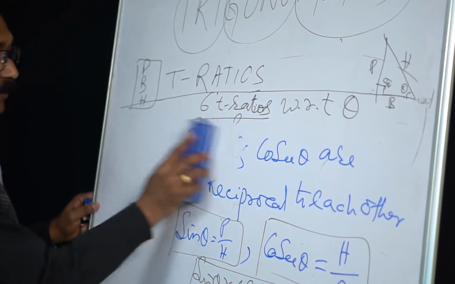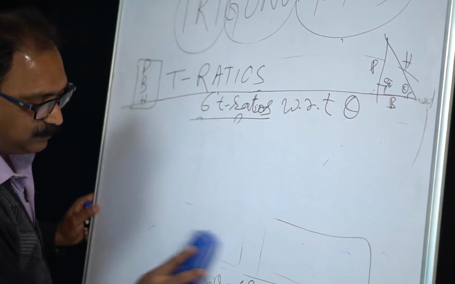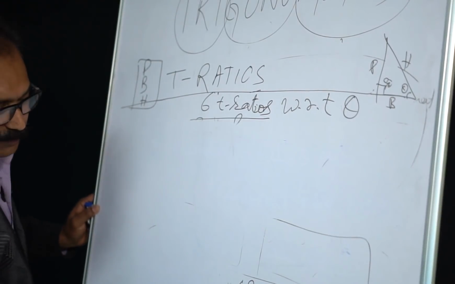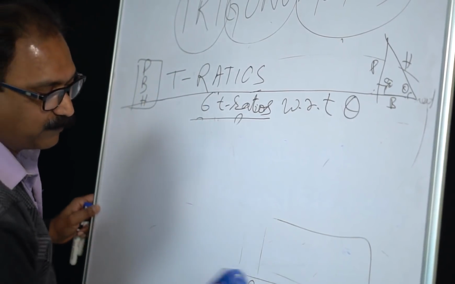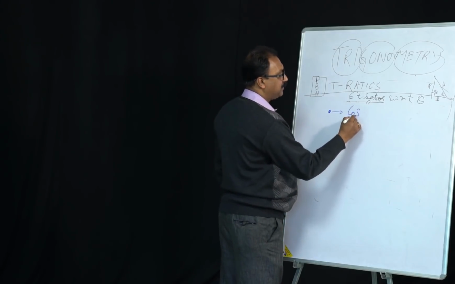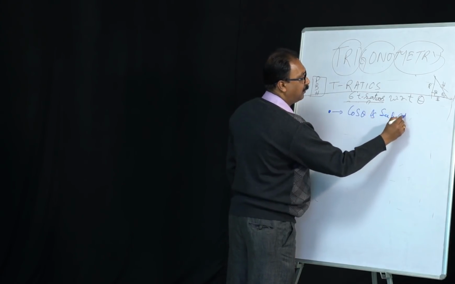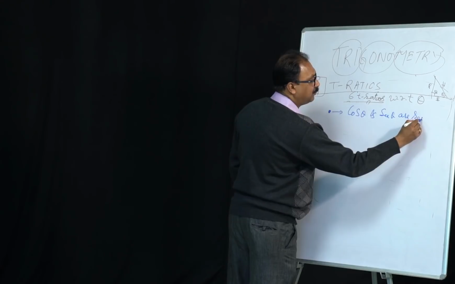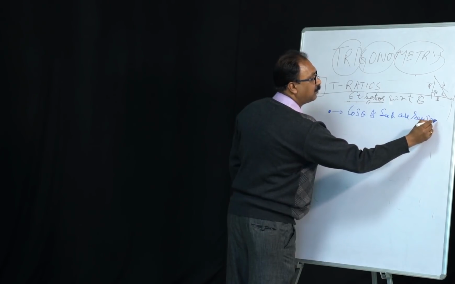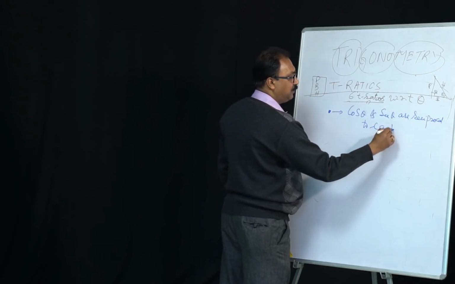Okay. Now we come to another reciprocal. Another second bullet point is cos theta and sec theta are reciprocal to each other.